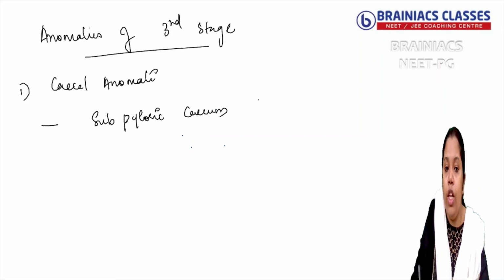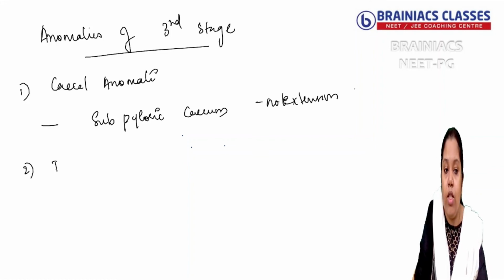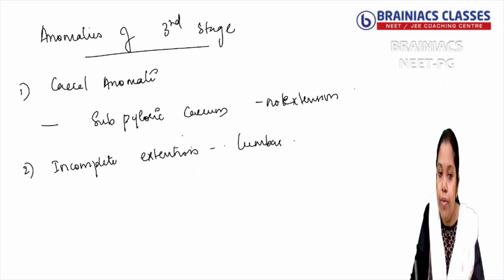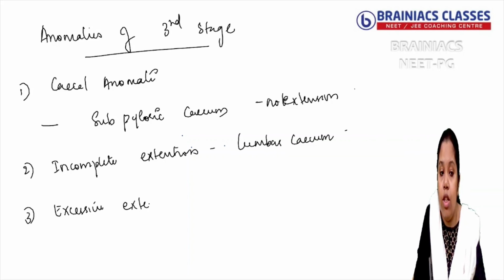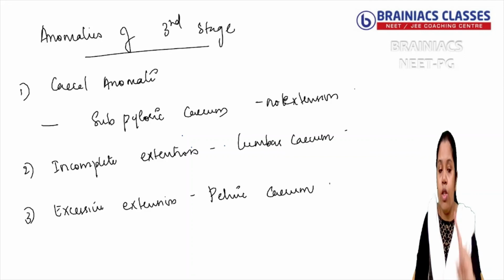If there is incomplete extension, it will give rise to a lumbar cecum. What happens if there is excessive extension? You will get a pelvic cecum. So this is the first anomaly, due to the extension of the cecum.